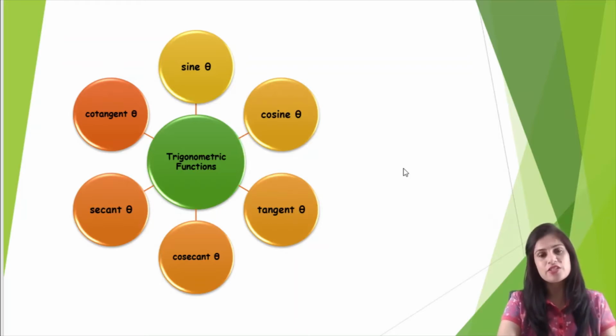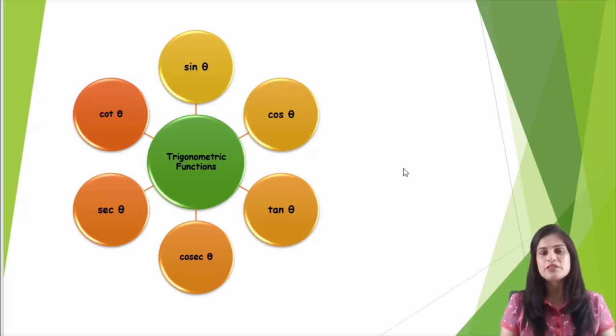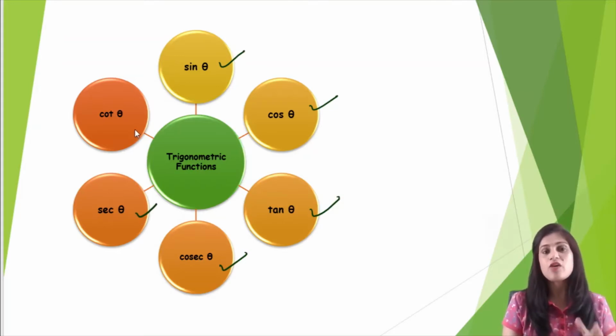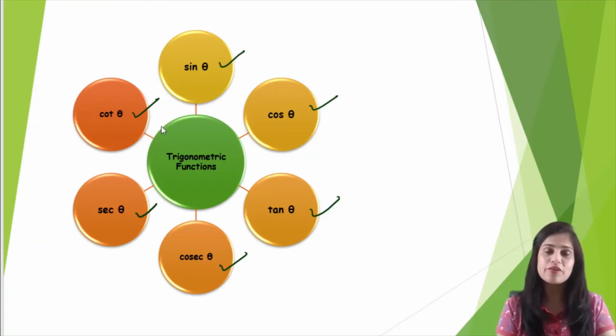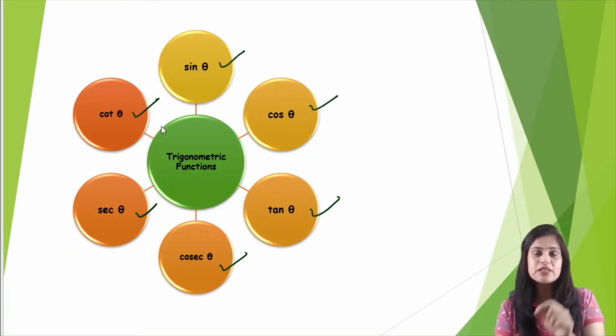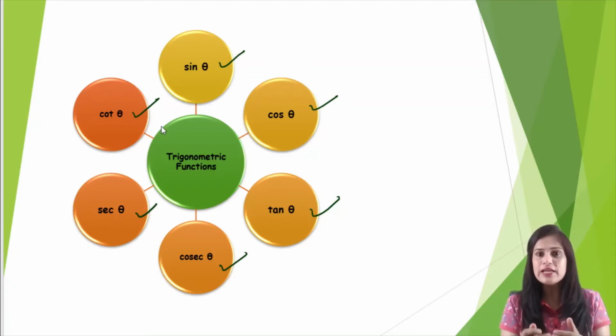These functions also have short names, so we can say sin theta, cos theta, tan theta, cosec theta, sec theta, and cot theta, right? These 6 trigonometric functions are related to the 6 trigonometric ratios. But before discussing that, let's discuss their interrelation. They are related to each other also.